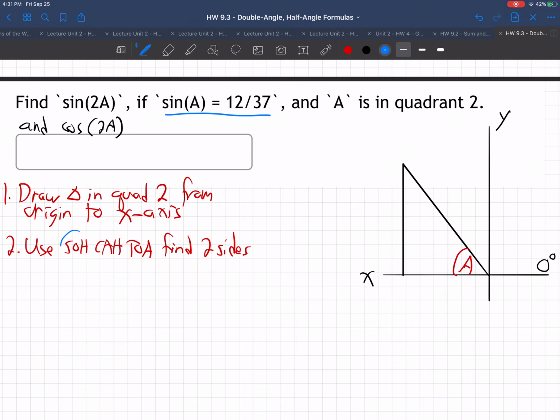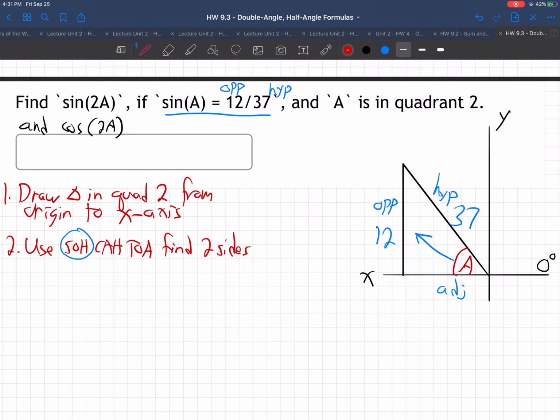Remember, sine is opposite over hypotenuse, so that means this is opposite. This is hypotenuse, right? So the opposite is the one here, across from the angle, and this is the adjacent side, and this is the hypotenuse. So the opposite, 12, over the hypotenuse, 37. So I can use that now to find the adjacent side.